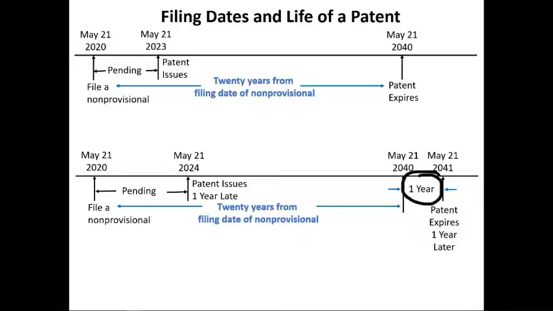So if you went over 6 months, you'd add 6 months to the end of the life of your patent, and 1 year you'd add 1 year, and so forth and so on. And so this is the guarantee that the USPTO gives to you in an effort to try to get all this stuff timely issued, if it's a good patent.